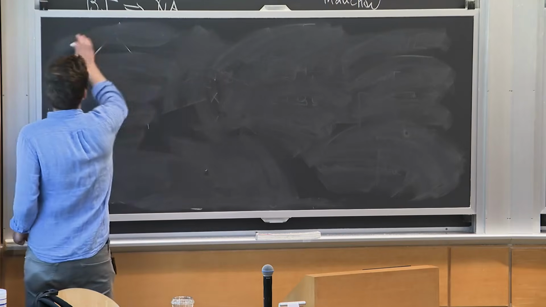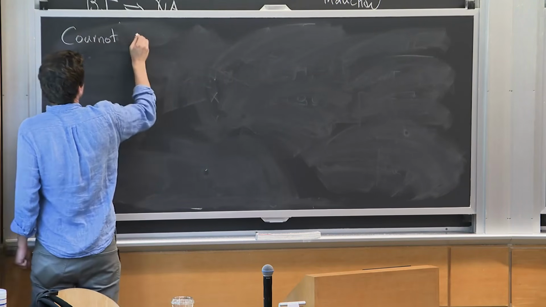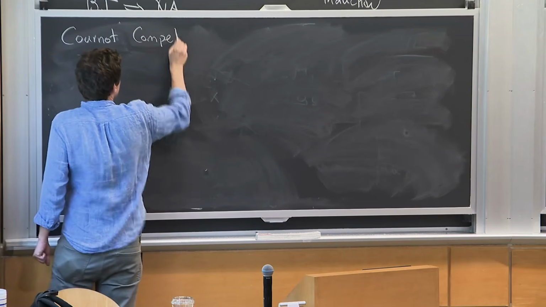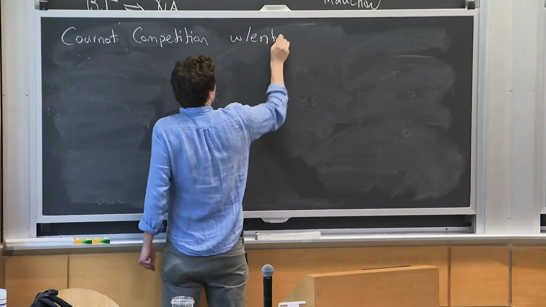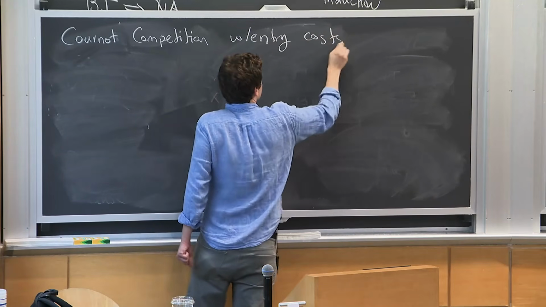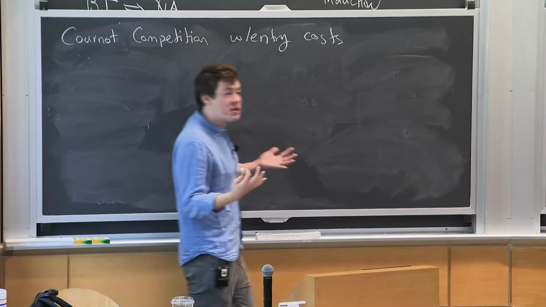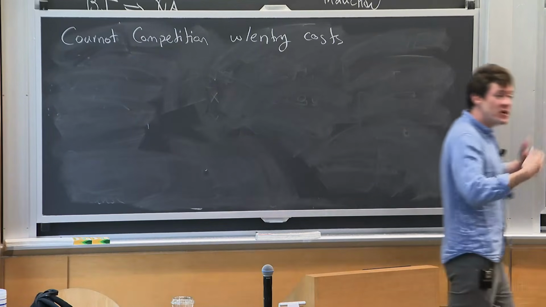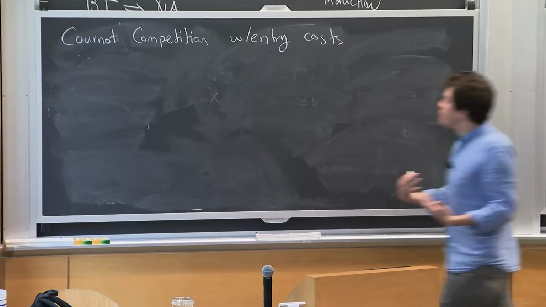So this is going to be Cournot competition with entry costs. So we're going to look at classic Cournot competition. Remember, Cournot competition is quantity competition. So each firm chooses how much quantity to bring to market, and then the total quantity brought to market determines the market price, and then each firm sells their quantity at that market price.